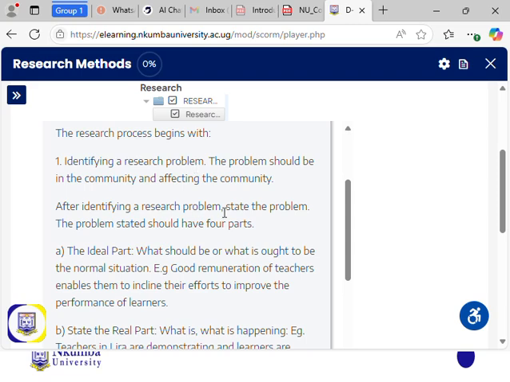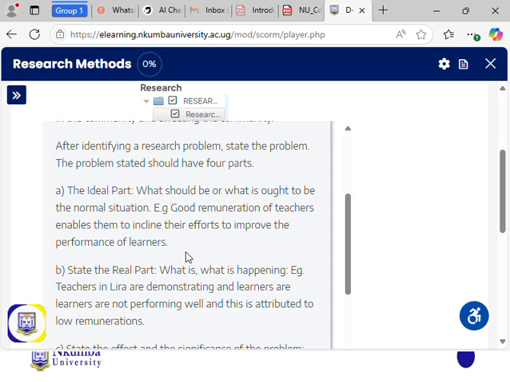After identifying this research problem, you will see that it has, I made an extension to 4 parts, but if the student is mastering the 3 parts, the ideal part is what should be.